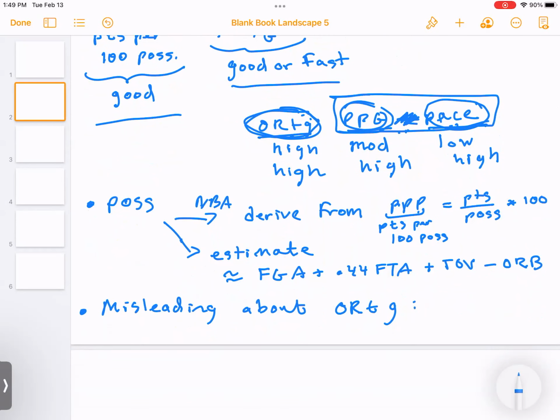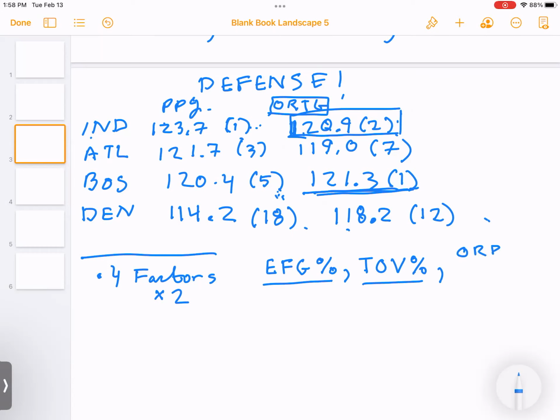So how good you are at taking care of the ball, and then on defense, this would be how well you guard, how well you force turnovers, rebounding, so ORB percent. And by using percent, we take care of the pace situation, DRB.